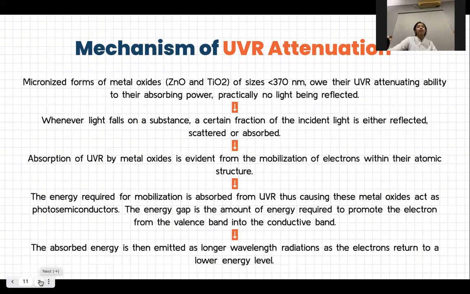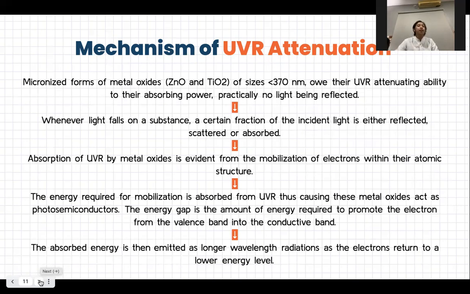Practically no light is reflected whenever light falls on a substance. A certain fraction of the incident light is either reflected, scattered, or absorbed. Absorption is a process in which light is lost. For example, it is converted into some other form of energy.